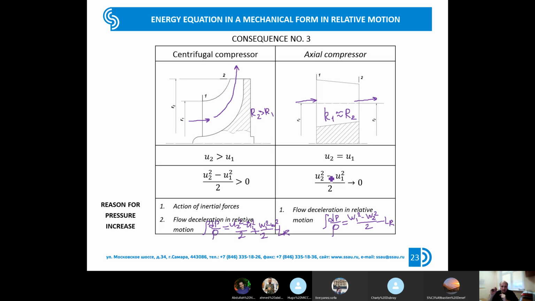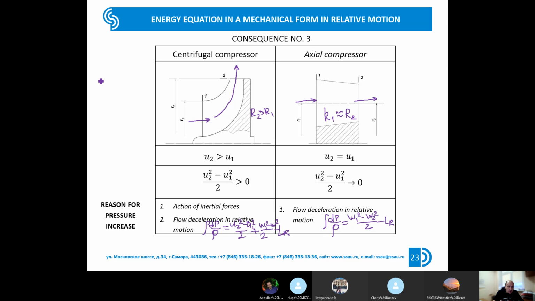It's really very interesting. We have different reasons, of course similar ones, for increasing pressure in the centrifugal compressor and the axial compressor. That's the first idea. The second idea: you see that flow deceleration in relative motion is the common reason for increasing pressure in both types of compressor.